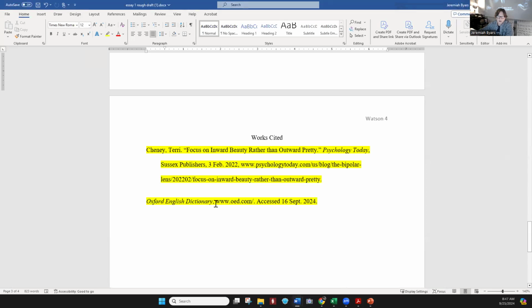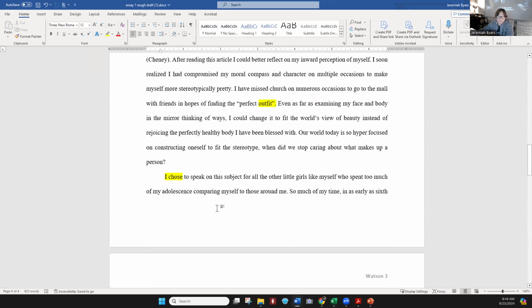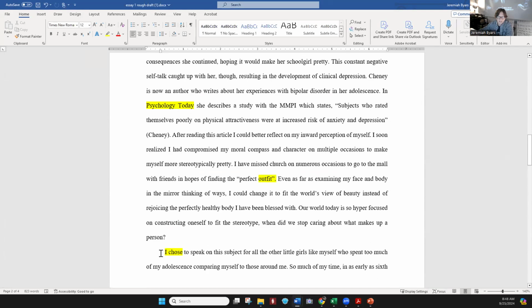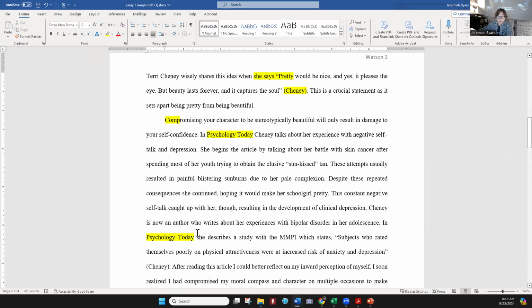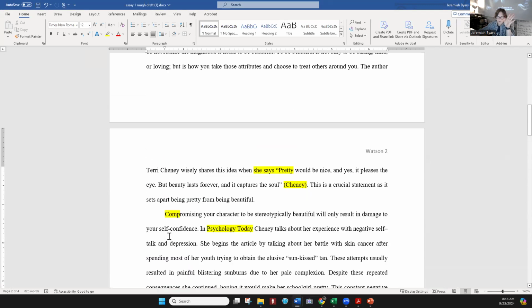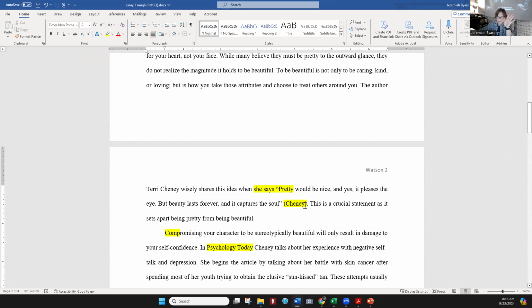So let's count the errors. 1, 2. Indented errors, 3. Periods outside quotation marks, 4. Not italicizing the titles, 5. Using the author's name twice in a sentence, that's 6.